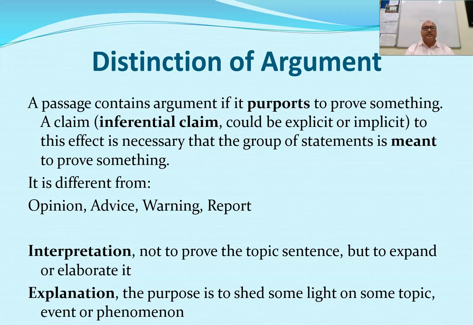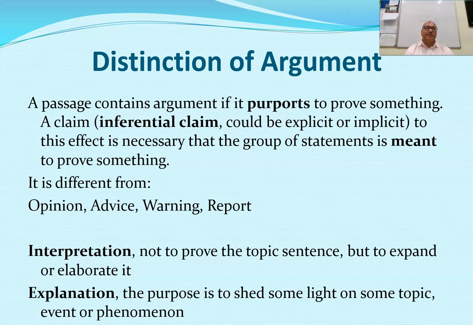Similarly, argument is different from explanation. The job of explanation is to shed light on a certain topic, event, or phenomenon. An argument is not supposed to shed light on any topic. An argument is to prove something. So the job of interpretation and explanation is not to prove anything. Interpretation simply unfolds the topic, and explanation sheds some light on the topic.